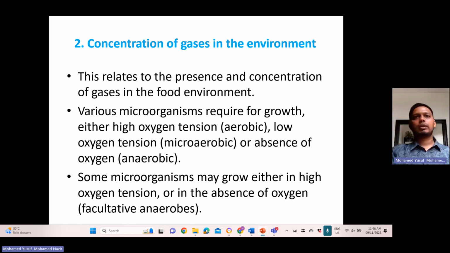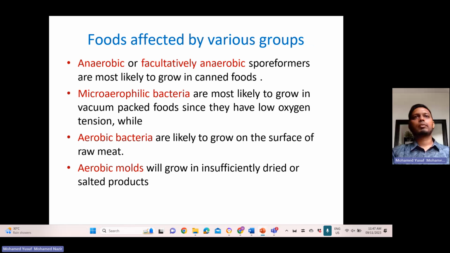Some microbes require high oxygen tension, some are able to still grow in low oxygen tension, and some really need the absence of oxygen, which we call anaerobic. But some microorganisms can grow in either high oxygenation or absence of oxygen, such as facultative anaerobes.